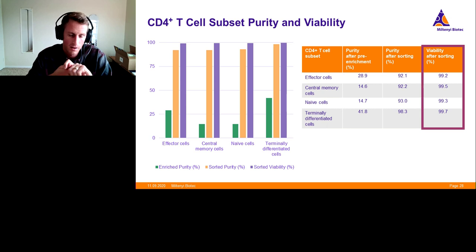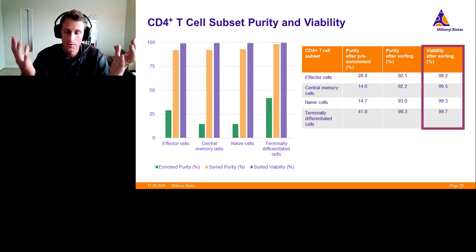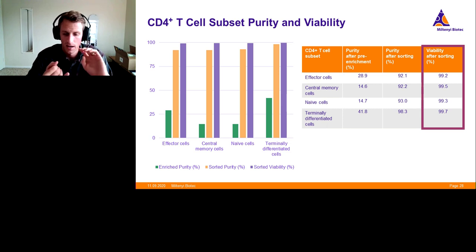But this data, I think, indicates that normal types of sorting experiments can be done here, and you can get yields that are the same or better.